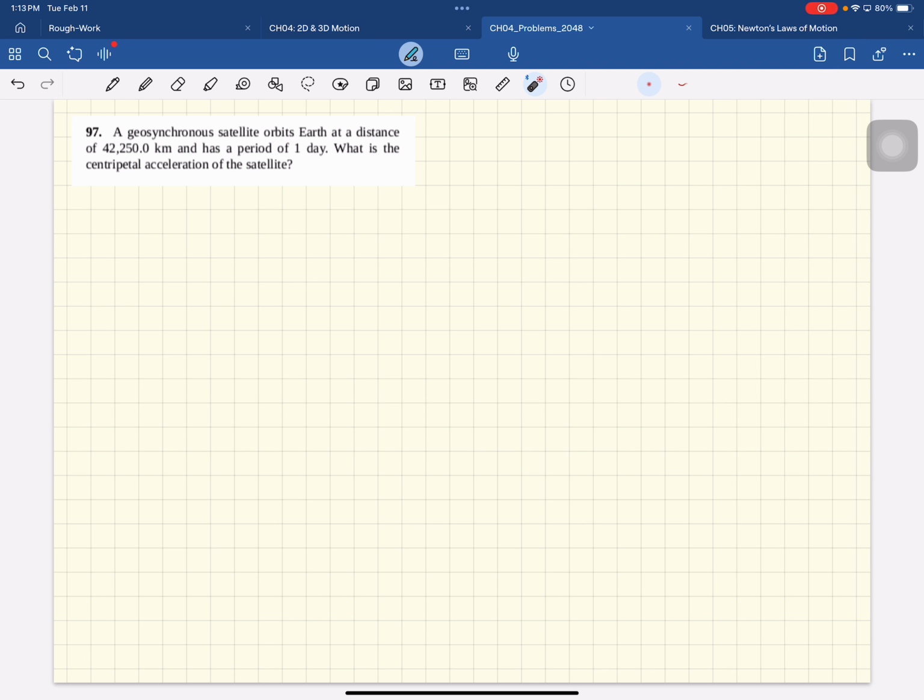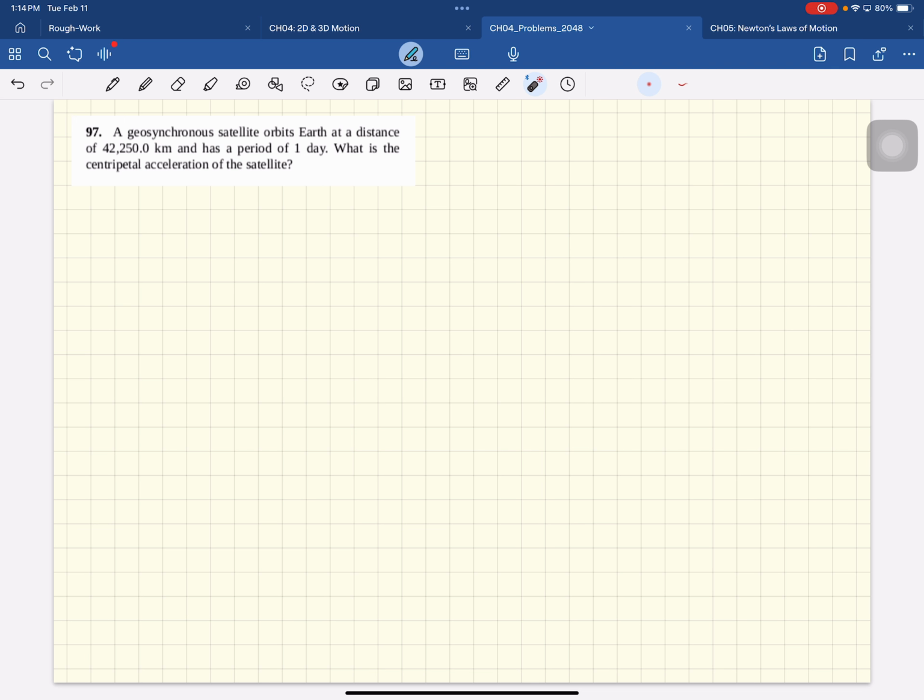All right, so geosynchronous orbit is like this, okay? So the Earth is spinning like that. How long does it take the Earth to spin once? 24 hours, okay? So it turns out that, do you guys know the radius of the Earth? 6,400 kilometers, okay?